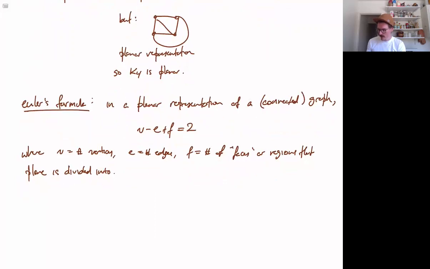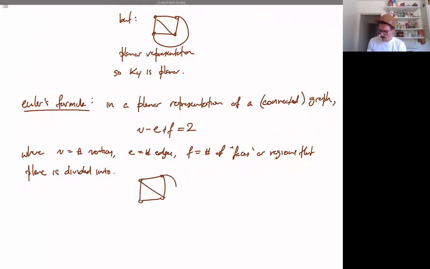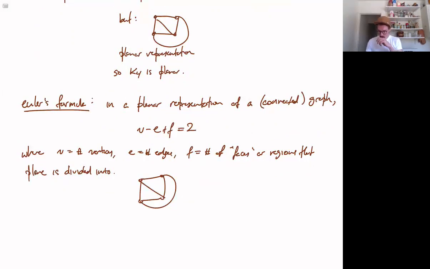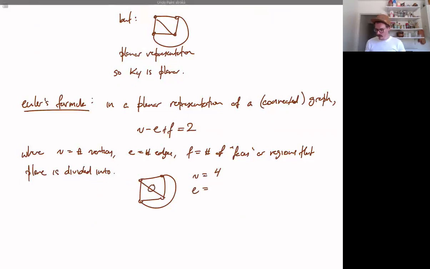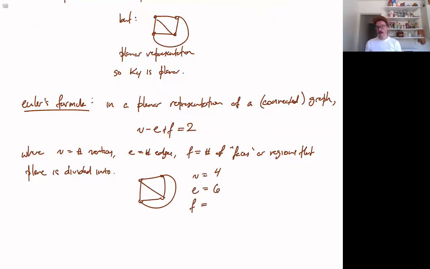So just to illustrate this with an example, let's do the example that we gave up there. For this graph, how many vertices? There are 4. How many edges? There are 3, 4, 5, 6. 6 edges. And how many faces, or regions, is the plane divided into?